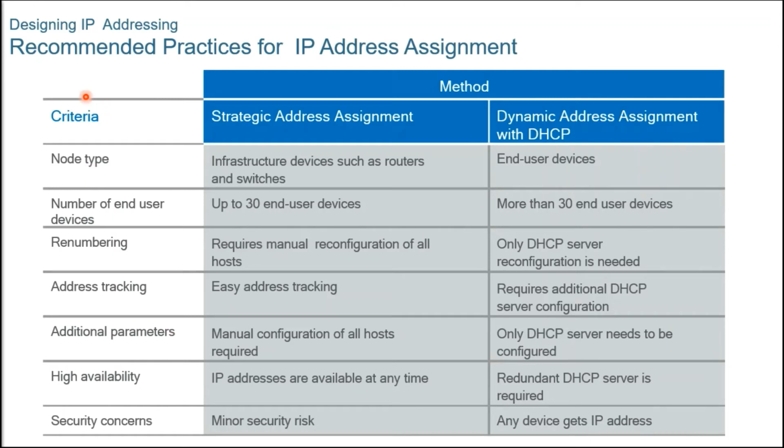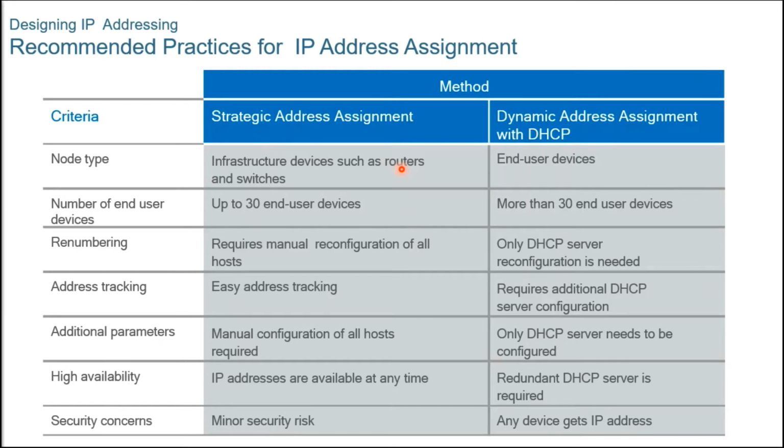Now, recommended practices for IP address assignment. The method is either you assign it statically, or you assign it dynamically. For strategic address assignment, infrastructure devices such as routers and switches should be given static IP assignment.